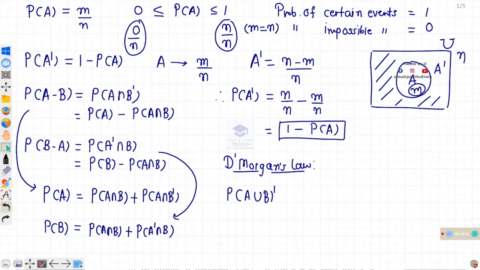A union B whole dash is equal to A dash intersection B dash, or 1 minus P of A union B.